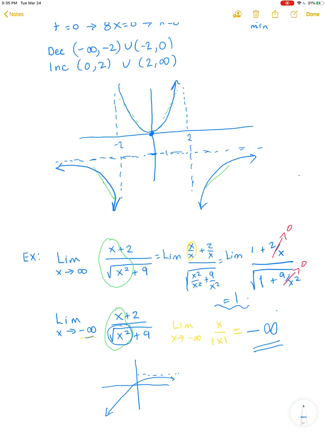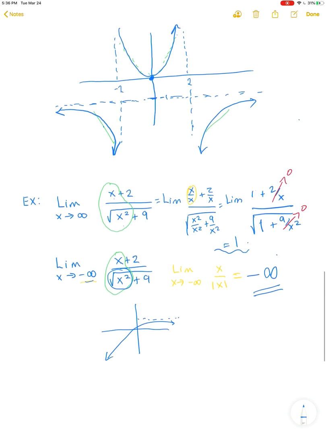Okay, so you'll need to practice finding horizontal and vertical asymptotes. We can describe the behavior near asymptotes with limits, and then you need to be able to sketch the graph of asymptotes.